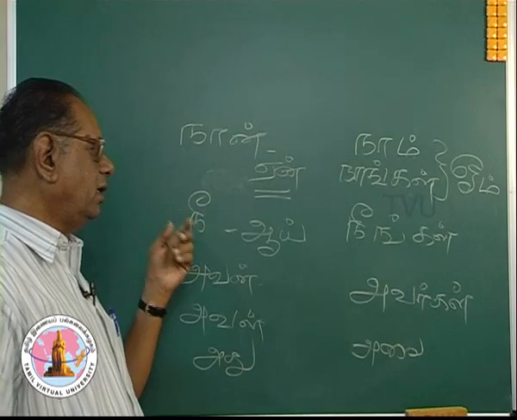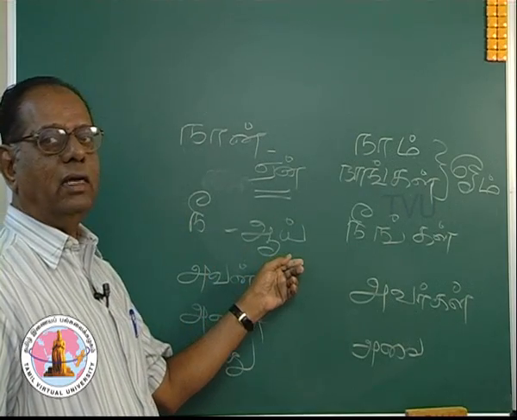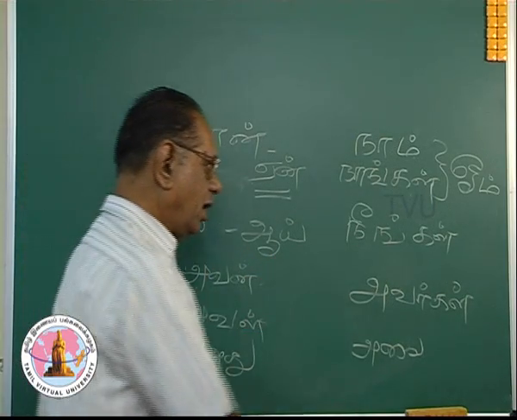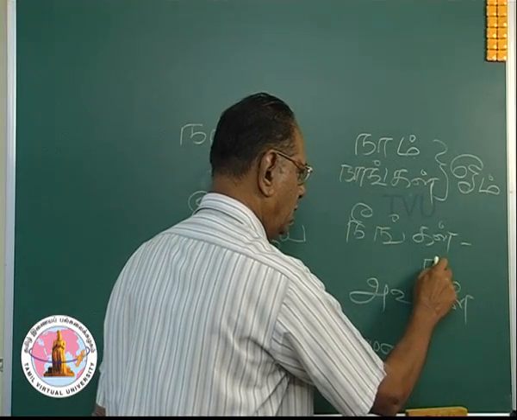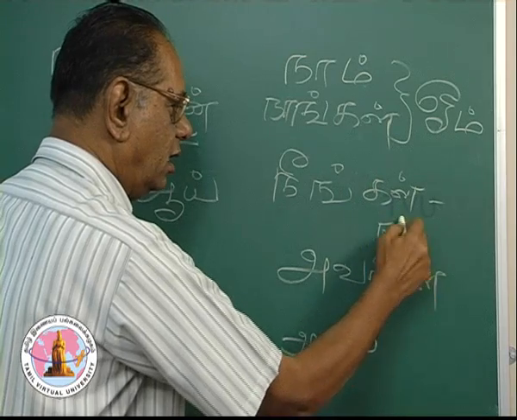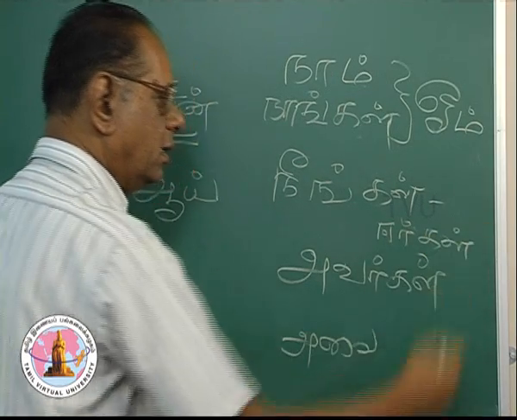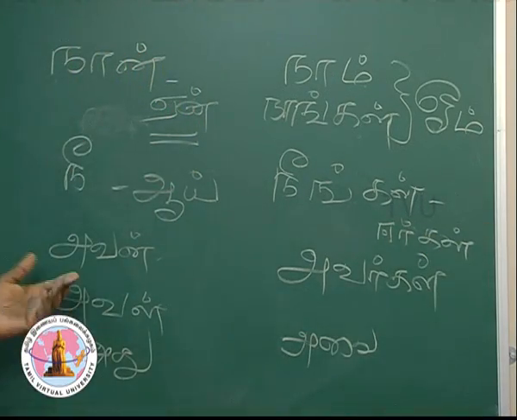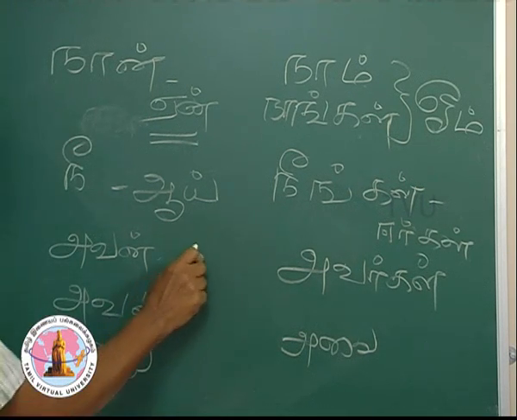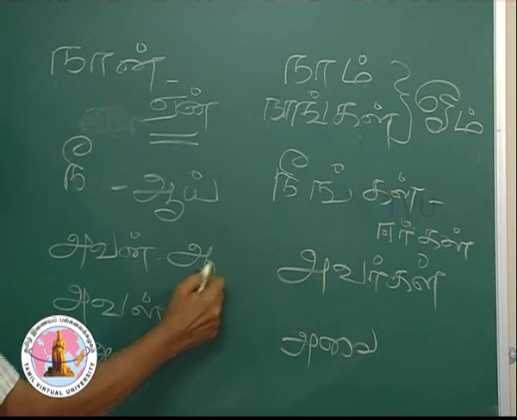Second person singular nee becomes ஆய் as a personal marker. For neengal, it will be ஈர்கள். For avan, it will be ஆன்.